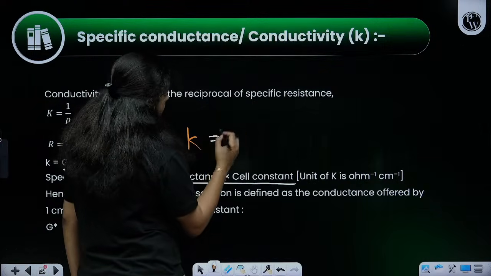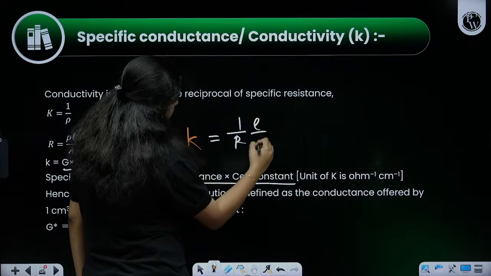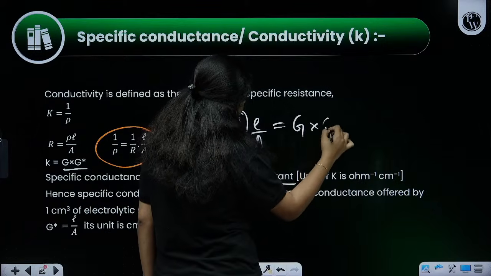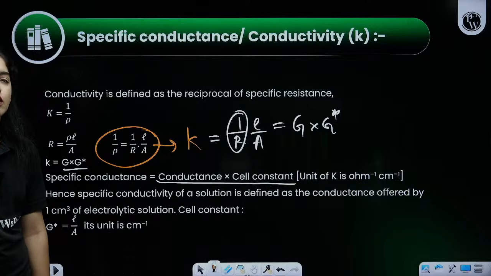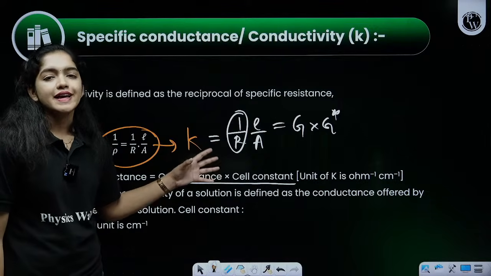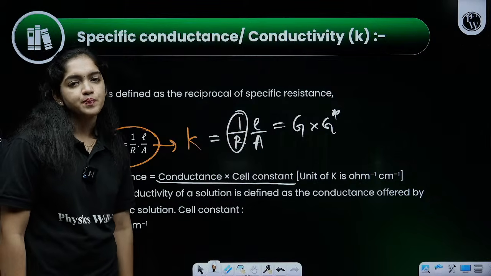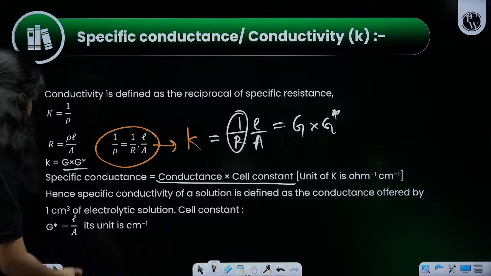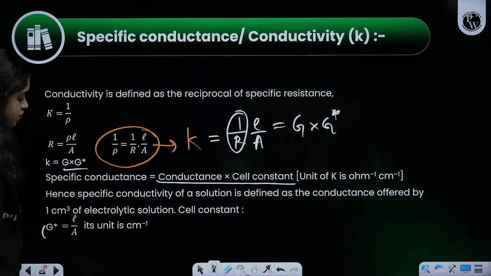We got the final equation 1 by R into L by A, where 1 by R equals G and L by A is the cell constant G star. G into G star is another equation for our conductivity K. Clear? G star is equal to L by A, unit is centimeter raised to minus 1.